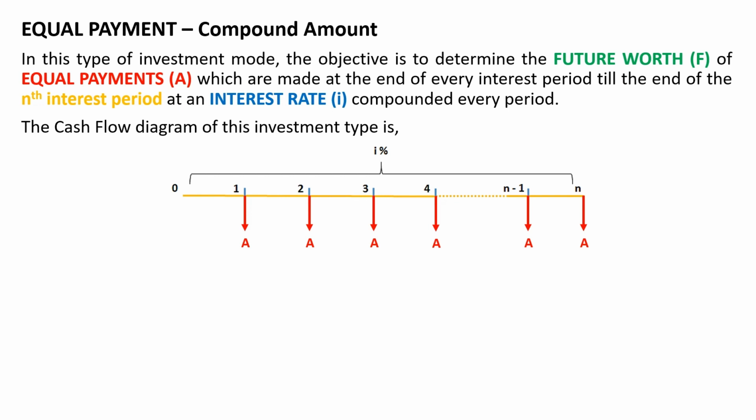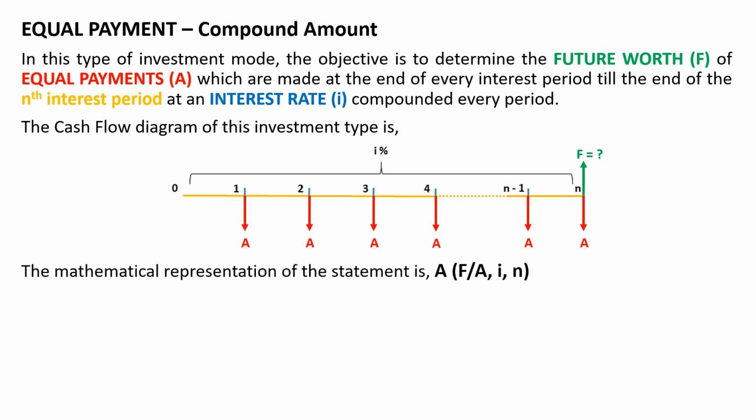For this payment, we are supposed to determine what will be the single future worth after nth interest period at an interest rate I. The mathematical representation of this situation is known value of A with F, which is unknown, with I interest rate and N interest period.